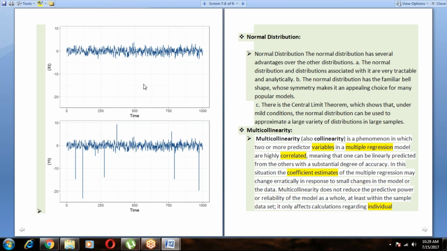But price and income are related with each other. So when price is getting changed, income is also getting changed, and they both have some impact on demand. So demand would get changed.